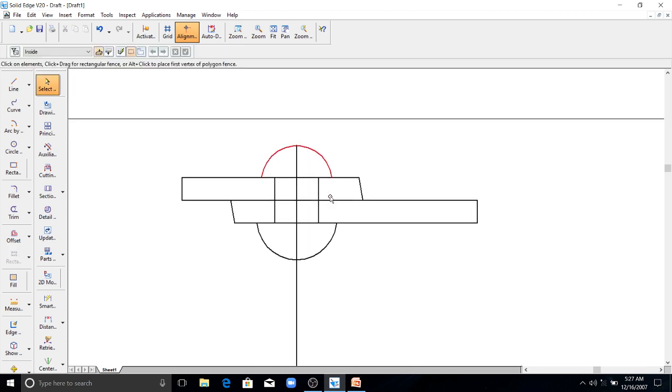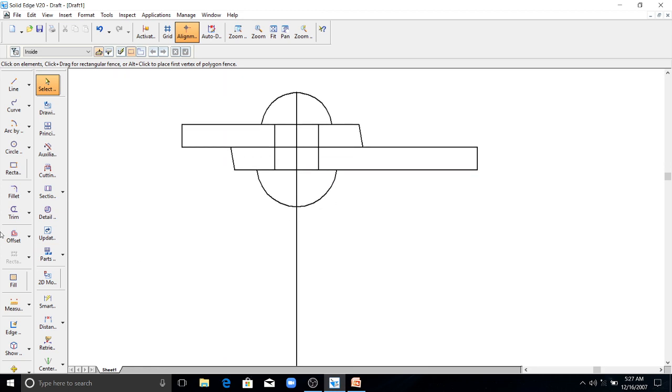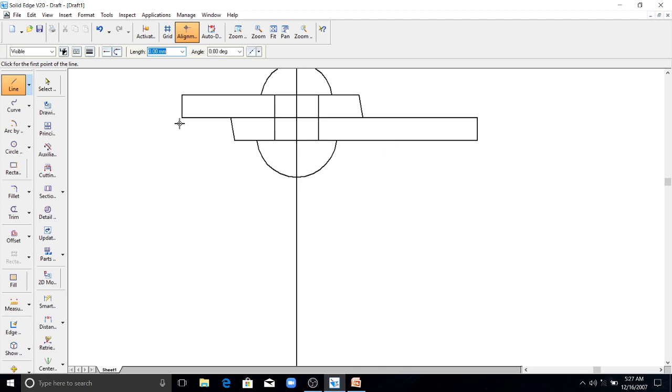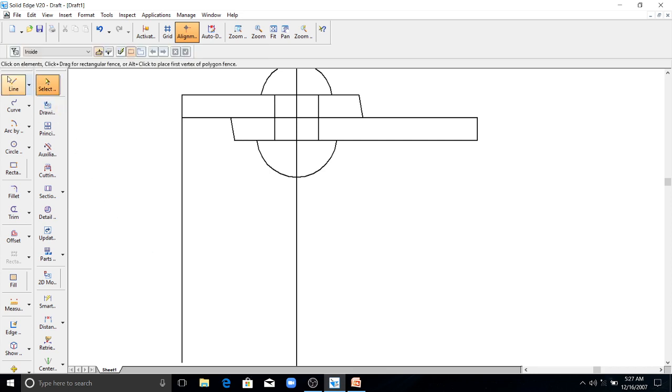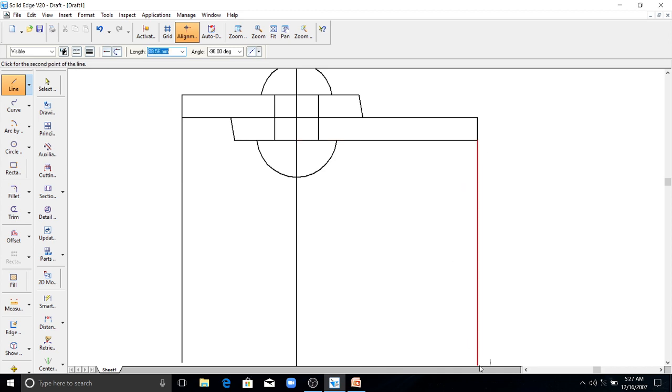Okay. Now you draw the top view for this. You will get two lines here.